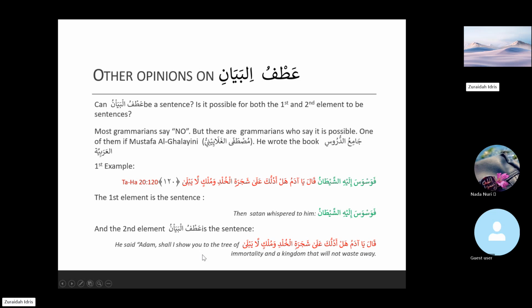So there are two schools of thought, of course. We can say it this way. And what you see in Iraab books, more often than not, instead of saying atfu bayan, they say badal. Or this could be an istiqnaf, meaning a new sentence that explains, bayani.